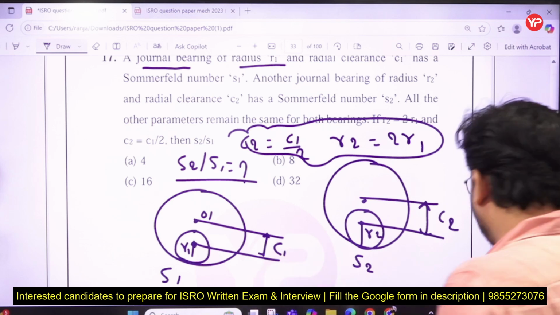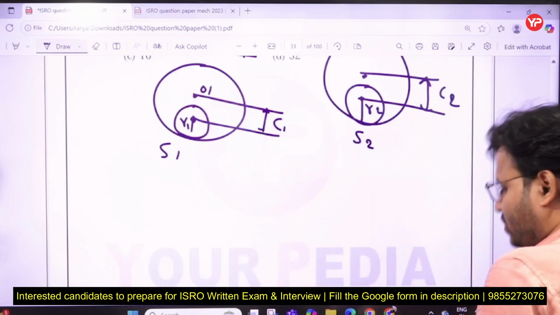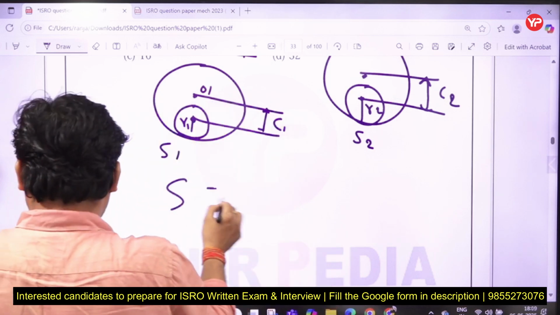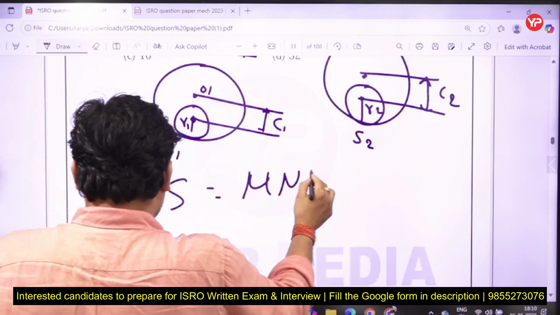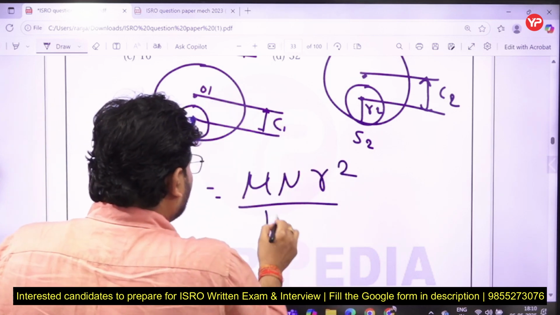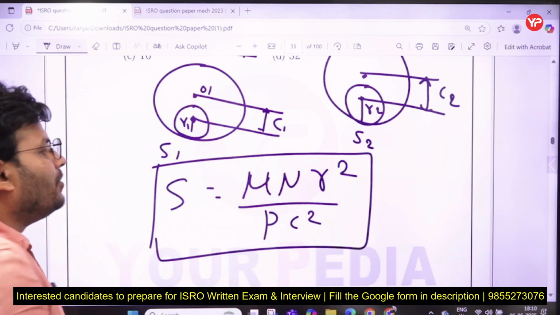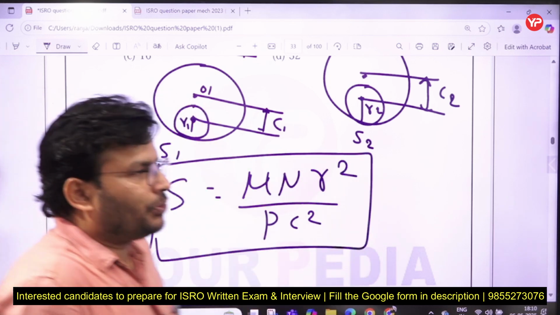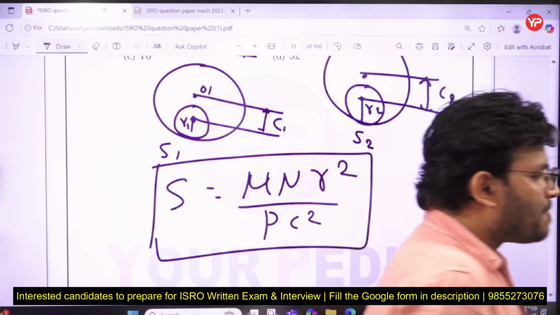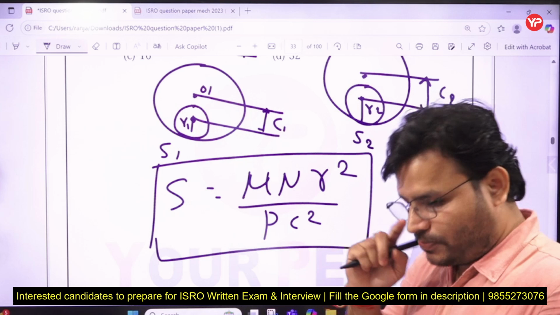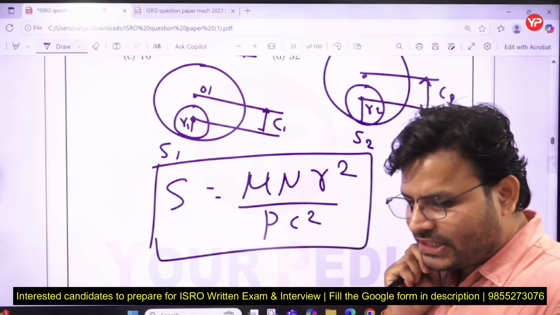So first of all, you have to know what the Sommerfeld number is. The Sommerfeld number is given by S equal to mu N r square upon P c square. Here mu is the dynamic viscosity, or coefficient of viscosity. N is rpm, or rotational speed.